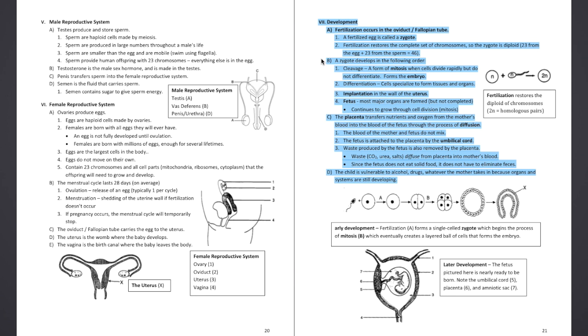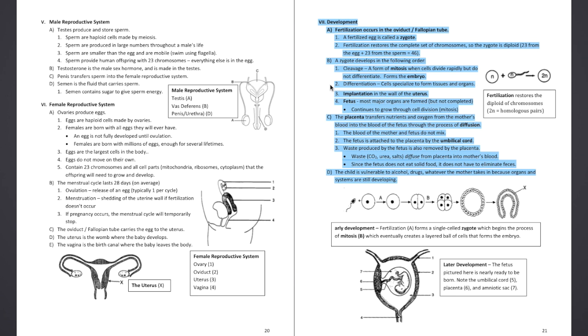B. A zygote develops in the following order. 1. Cleavage, a form of mitosis when cells divide rapidly but do not differentiate, forms the embryo. 2. Differentiation.